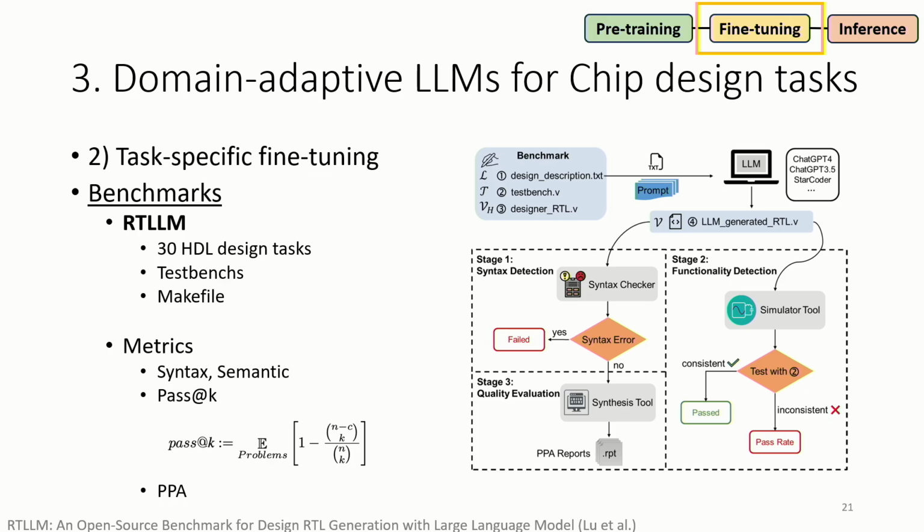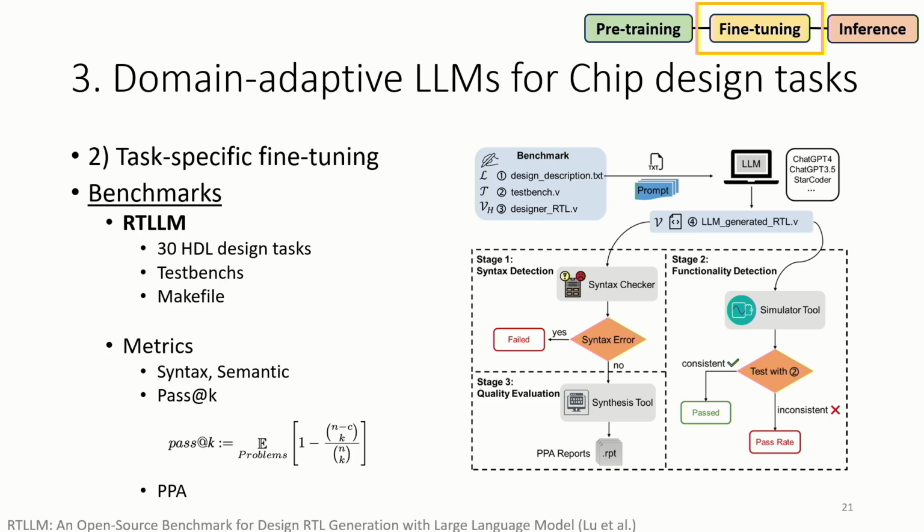In the benchmark, it will provide the design description, the test bench, and also the golden reference from the designer. Using this design description as input, you will come up with a prompt to ask the LLM, for example ChatGPT or other coding models, to generate the RTL code.